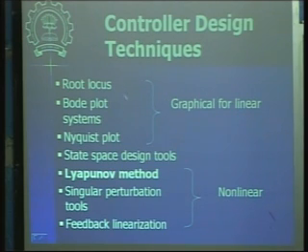These are all graphical methods for linear systems. You cannot talk about root locus for a nonlinear system. So for an n degree of freedom manipulator, you should not ask what its root locus is. That's not the right question to ask, because it is in general a nonlinear system, and you cannot talk about root locus for a nonlinear system.